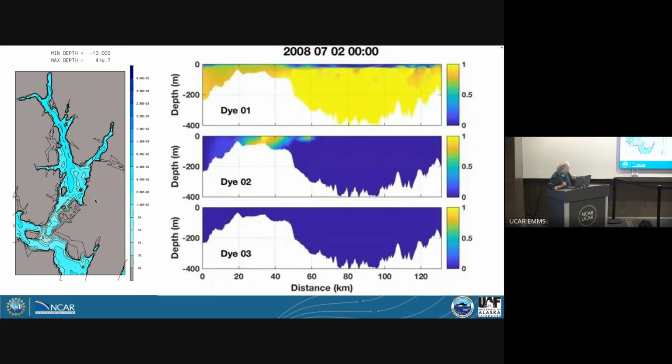Anyway, what happens is dye 1 stays in the deep basin for part of the year. And then as you get into the fall, when it becomes less stratified, some of that dye 2 gets into the deep basin. And by the end of the year, the whole basin is filled with dye 2 and none of dye 1. And I have to make this thing go away, and I don't know how to do that.